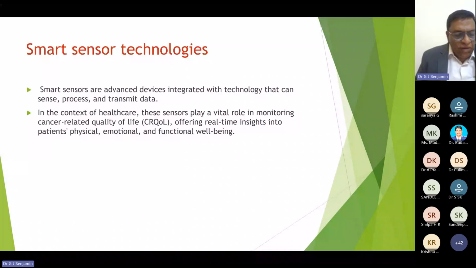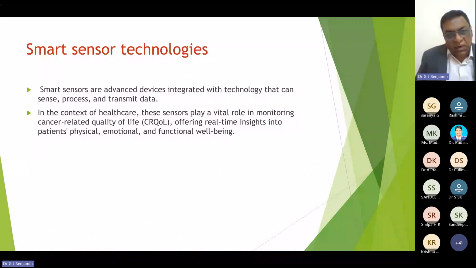Now, we have talked about two things. Number one, we gave an introduction to cancer. We talked about what a cancer cell is. Then we talked about the biomarkers that are found in cancer. The next thing that we are going to talk about is smart sensors.